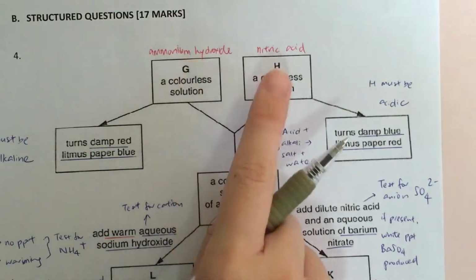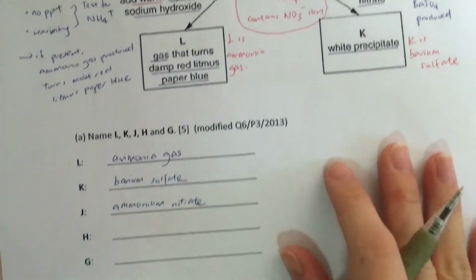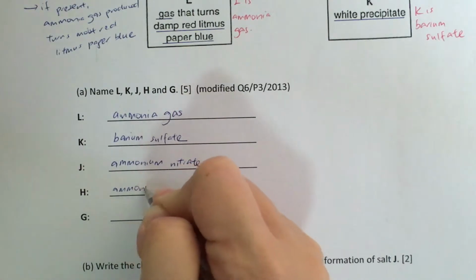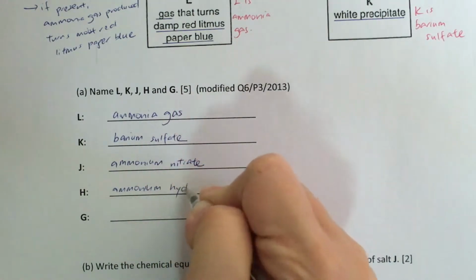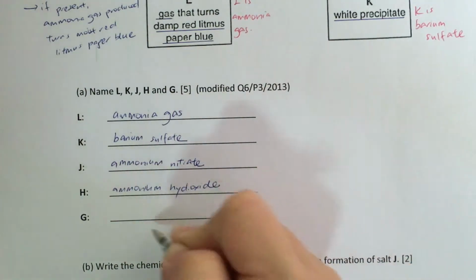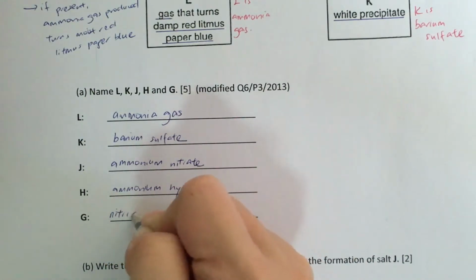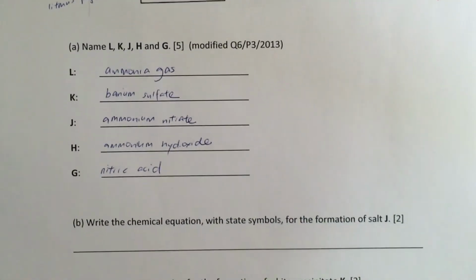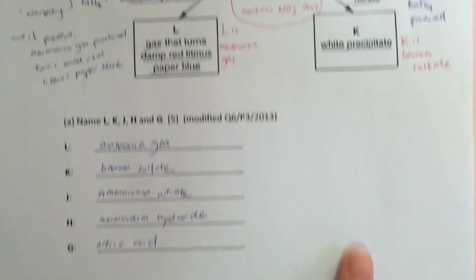G and H, here the order is different. So by right, H is supposed to be sulfuric acid and G is supposed to be ammonium hydroxide. Okay, so there are a few errors over here.